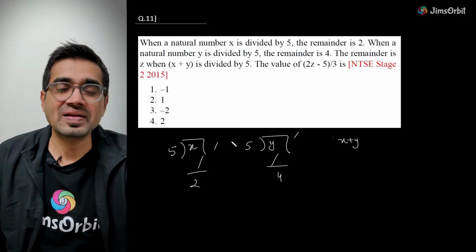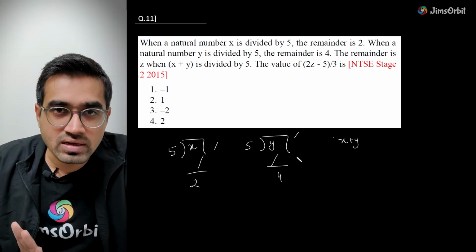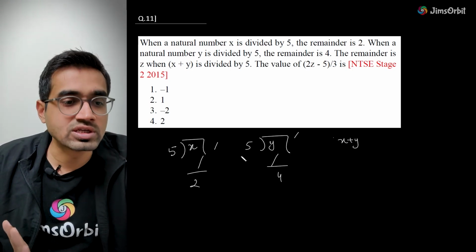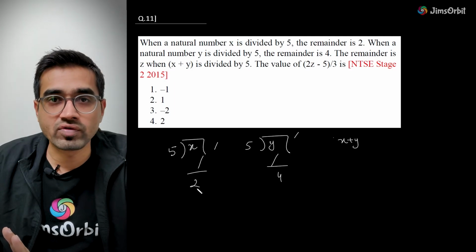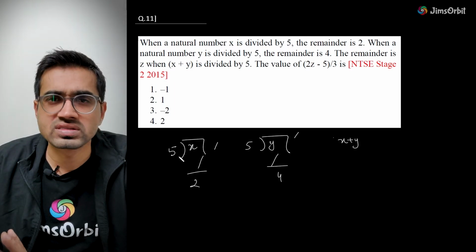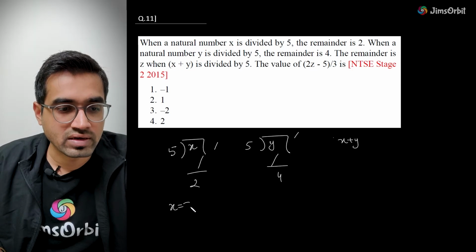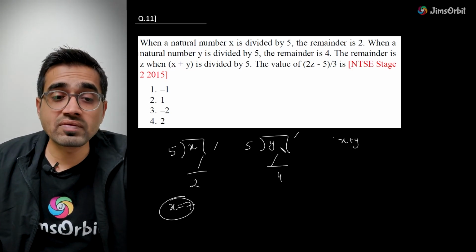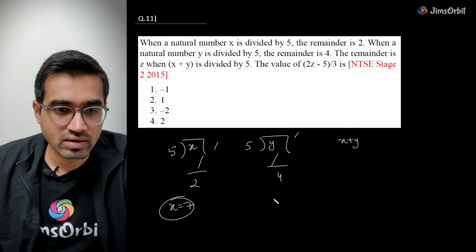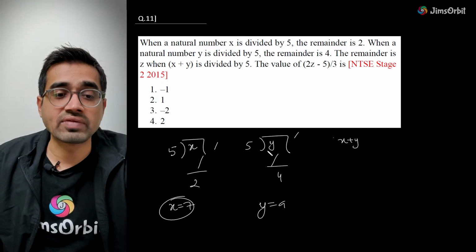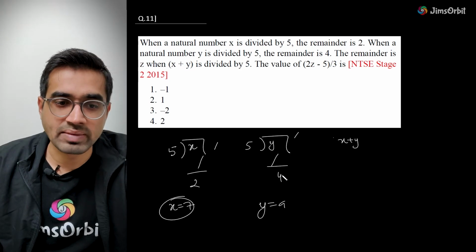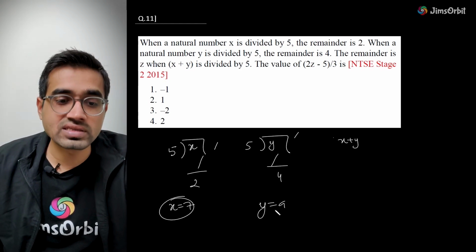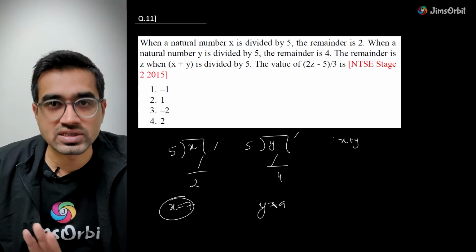If you want to solve it faster, without any detailed concept, just put a number x which will give you a remainder of 2 when you divide by 5. 7, x is 7. 5 ones are 5, remainder is 2. Take something which will give you 4. 9, y is 9. 9 minus 5, 4. X is 7, y is 9. It satisfies.